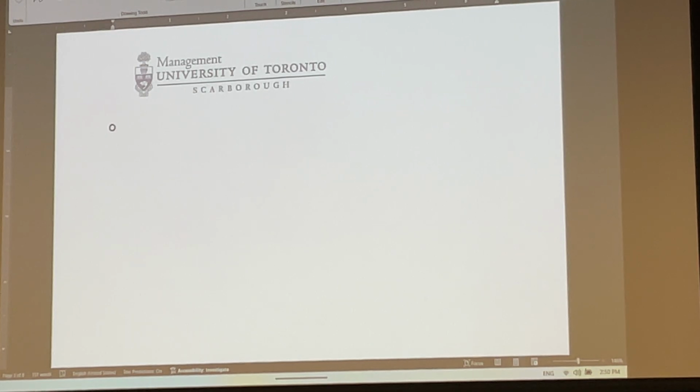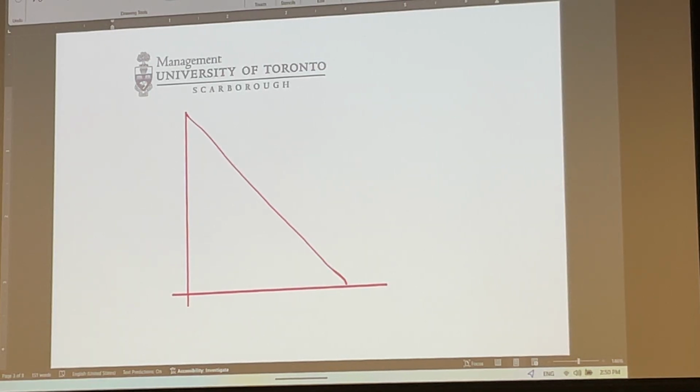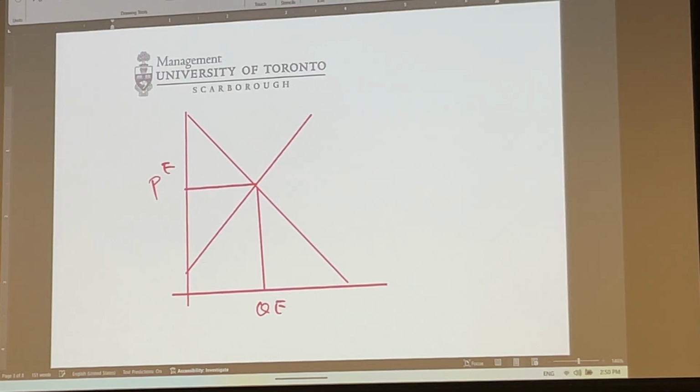Tax, that is the equilibrium in a competitive market.